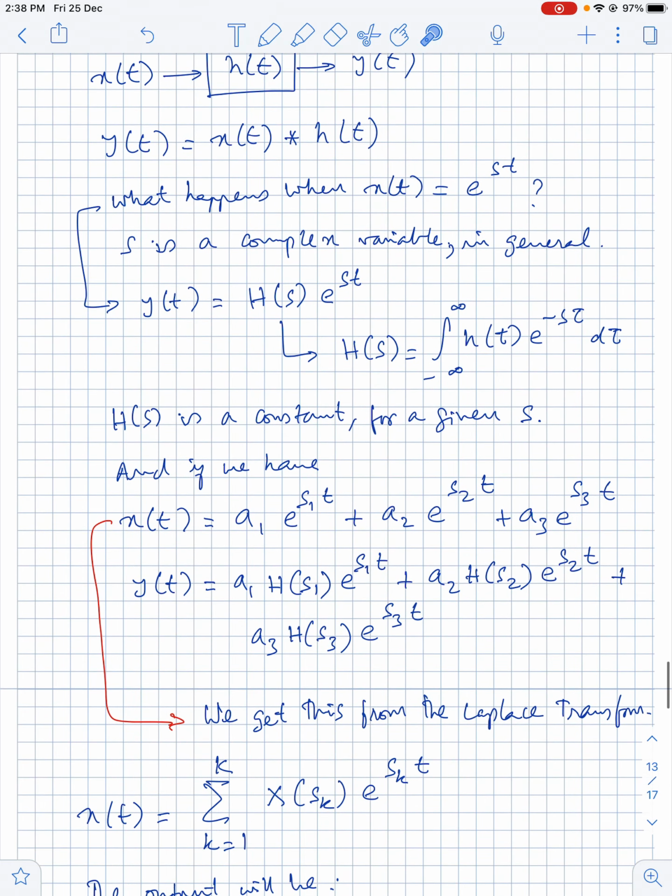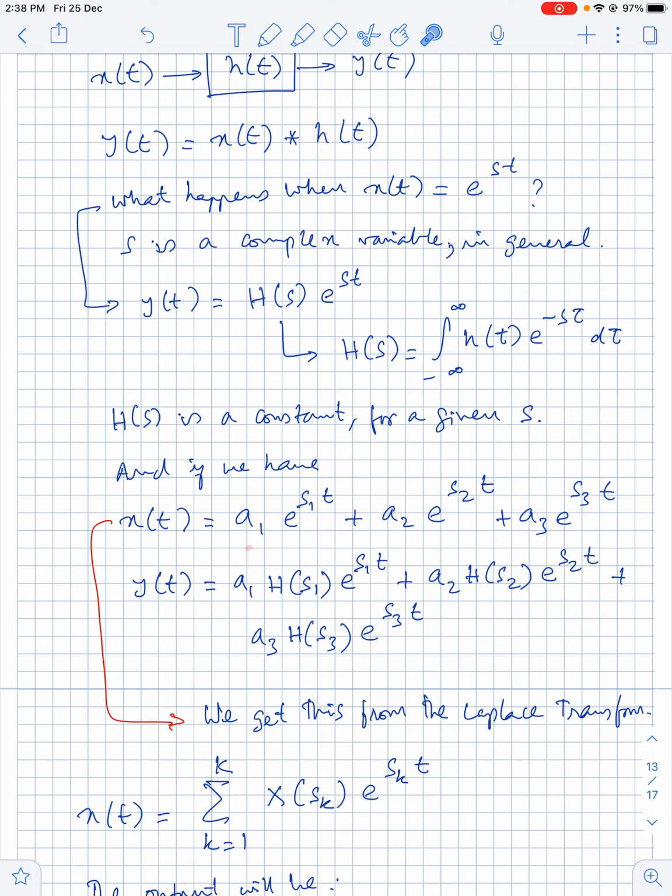Because the system is linear and time invariant, if I have an x of t which I represent as a linear combination of complex exponentials, that is a1 e raised to s1t, a2 e raised to s2t, a3 e raised to s3t, my output will also be a combination in this manner.